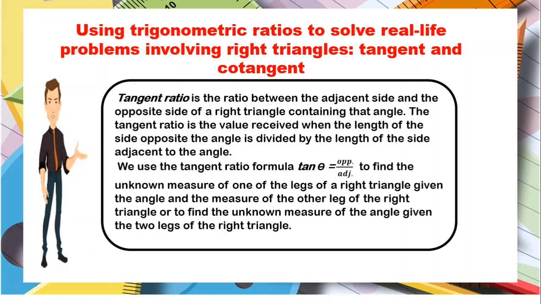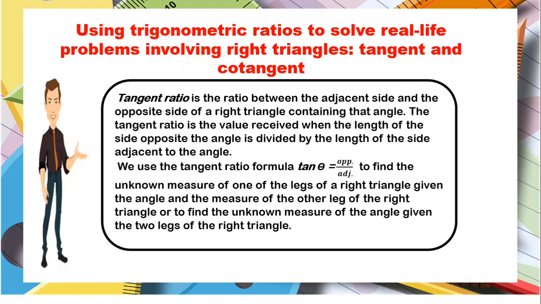To sum up our lesson, remember that tangent ratio is the ratio between the adjacent side and the opposite side of a right triangle containing that angle. The tangent ratio is the value received when the length of the side opposite the angle is divided by the length of the side adjacent to the angle.